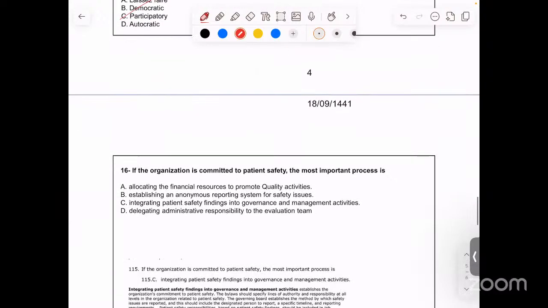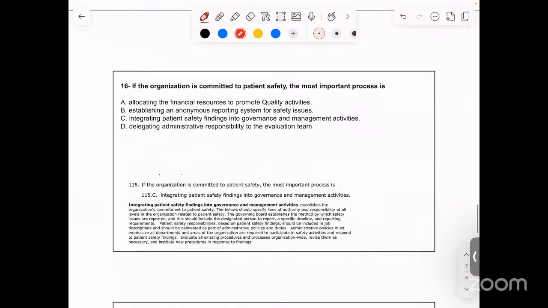For question 16, if the organization is committed to patient safety, the most important process is A, allocating the financial resources to promote quality activities. Letter B, establishing an anonymous reporting system for safety issues. C, integrating patient safety findings into governance and management activities.